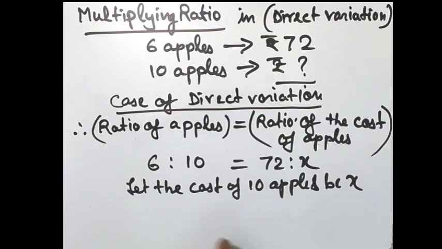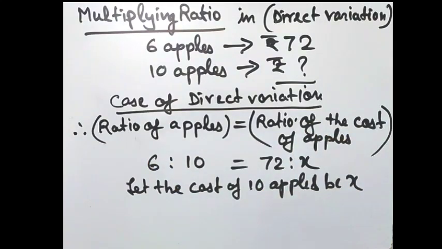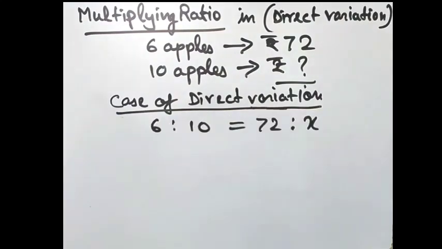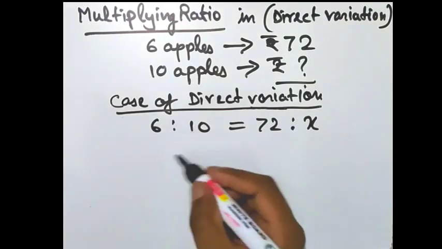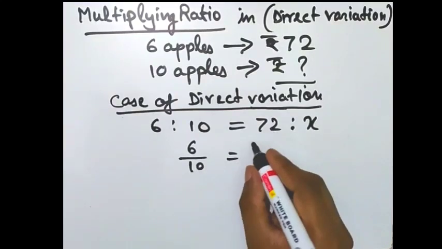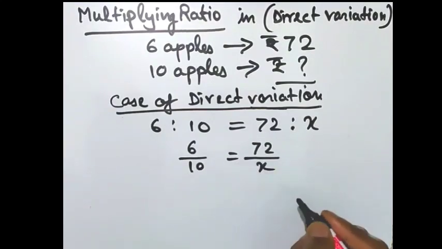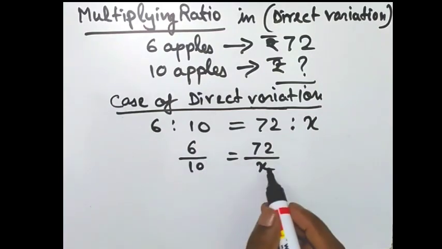Now let's write the ratio and work it out. Now we have written down the ratio again. So we can change the ratio into fractions, that is 6 by 10, and this will become 72 by x. Now we can apply cross multiplication, isn't it? Now we can multiply x on both sides.